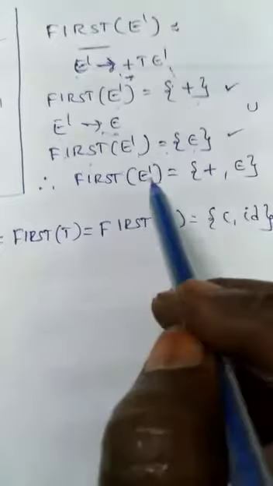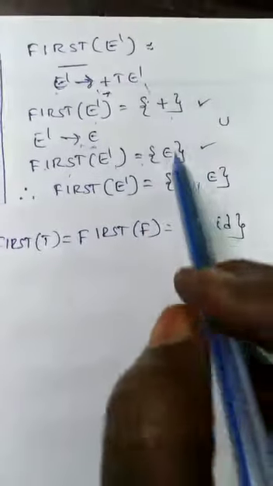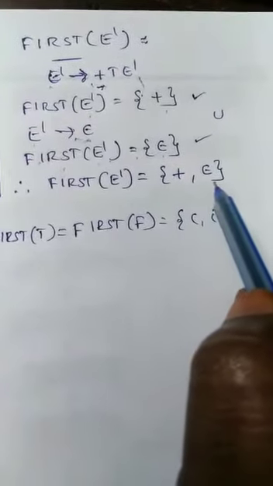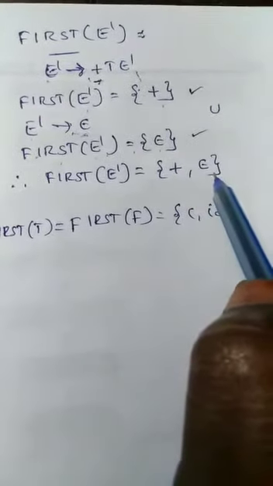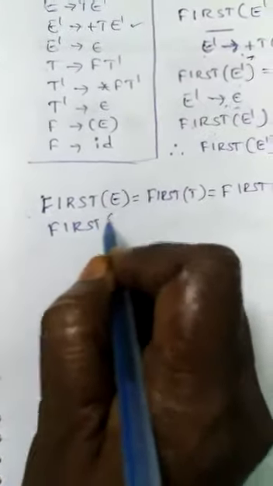So the first of E dash values are taken as the union of these two, plus and epsilon or empty. So first of E dash equal to bracket begin plus comma empty. In first functions, empty is an allowed character, but not in follow. Only empty is the allowed character for first functions.